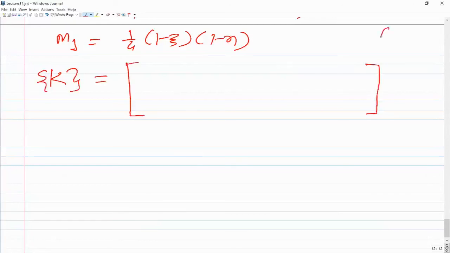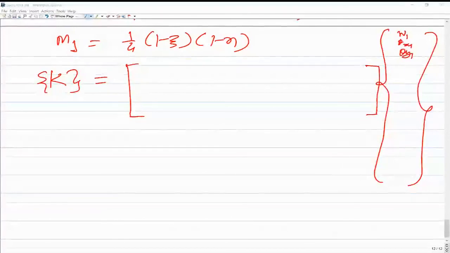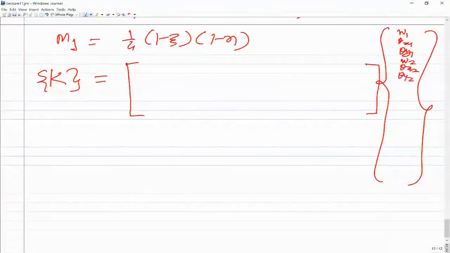And if you look at the degrees of freedom, first for the corner nodes we will have W1, theta x1, theta y1, then W2, theta x2, theta y2, W3, theta x3, theta y3, W4, theta x4, theta y4.